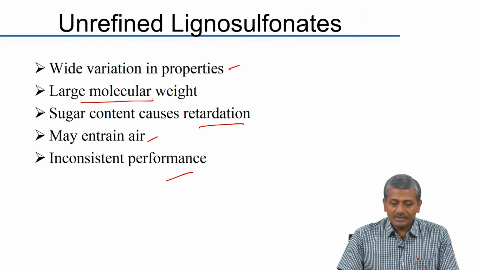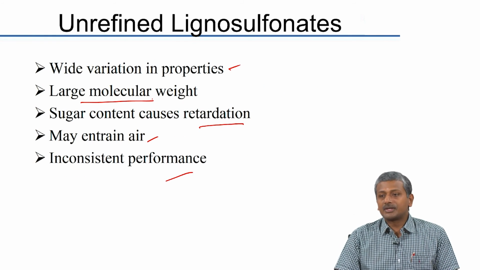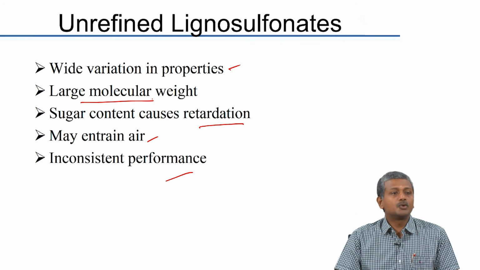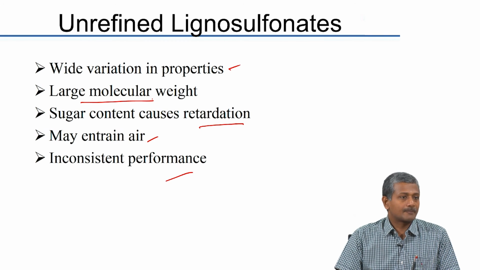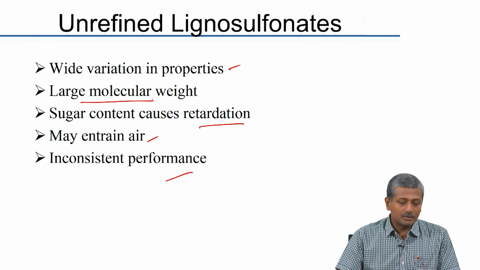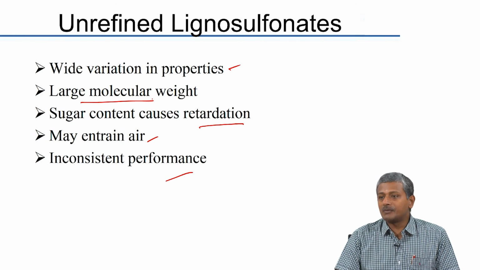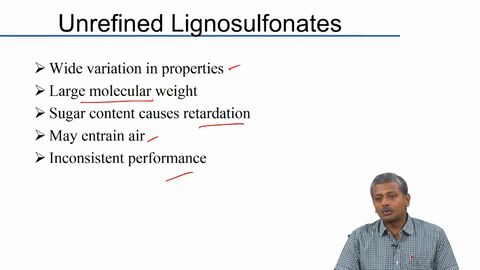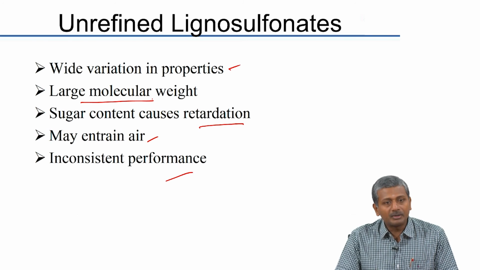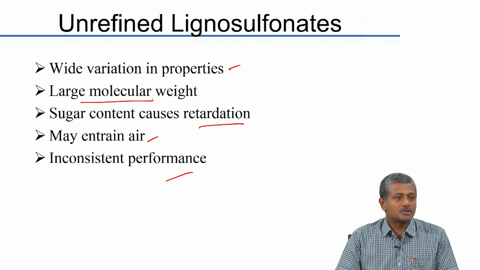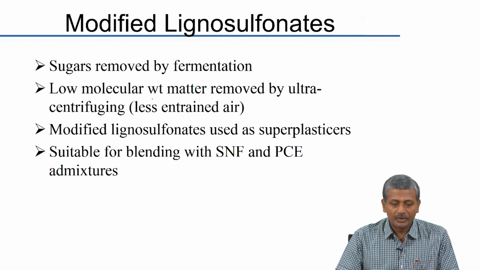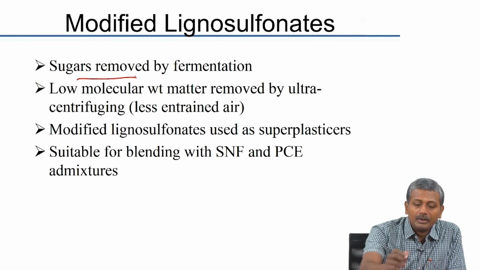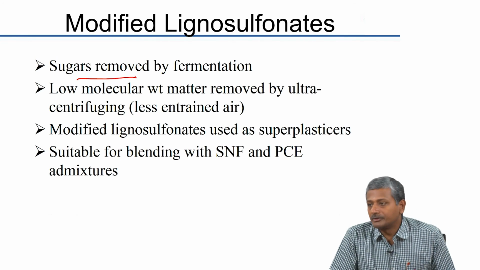What you can do with this, because you know very well that sugar is causing retardation, you can try and do something which will remove the sugar, okay. And to ensure that you always get consistently good performance, you want to also keep the polymer chains long enough. That means you want to reduce the smaller chain lengths. So, what you do is you can do fermentation to remove the sugars.